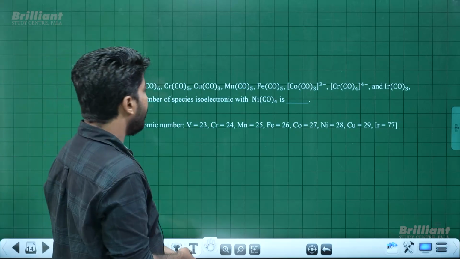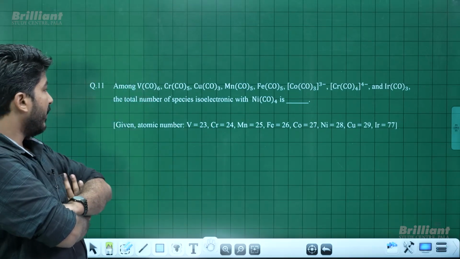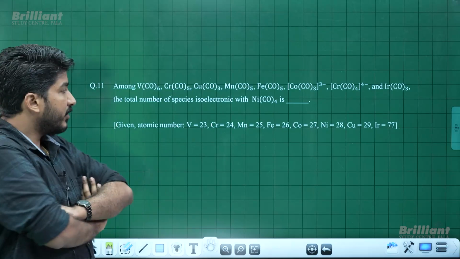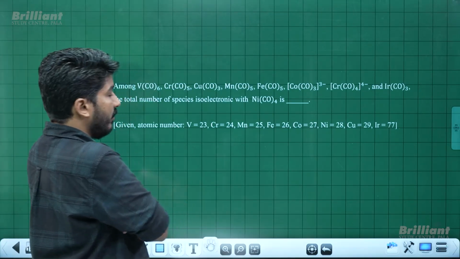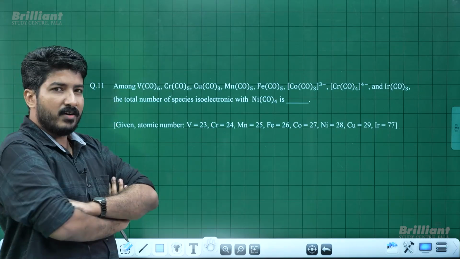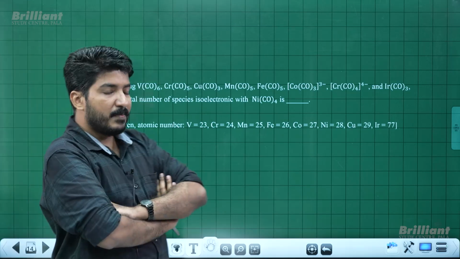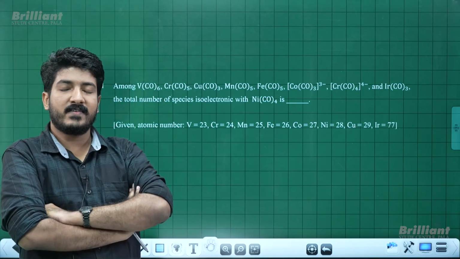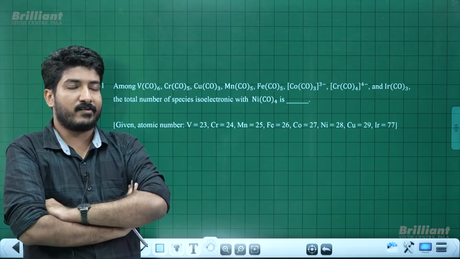Now, going to the next one, we are given certain compounds. We are asked to find the total number of isoelectronic species, isoelectronic with Ni(CO)4. Isoelectronic species, if you follow the strict definition, says that two or more species contain the same number of valence electrons. We just need to look into valence electrons only.